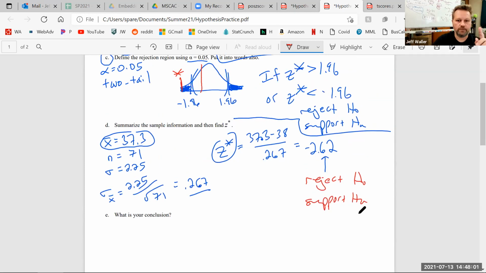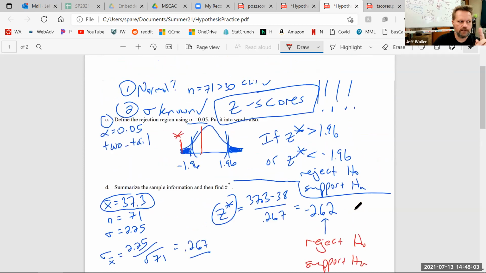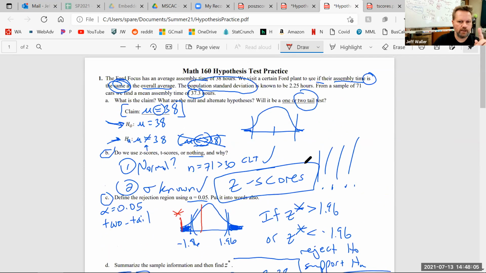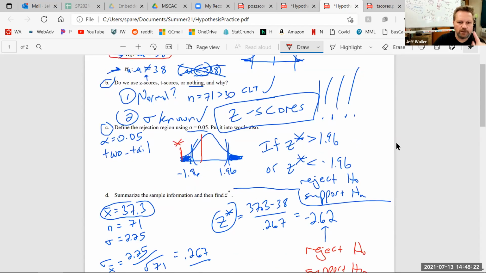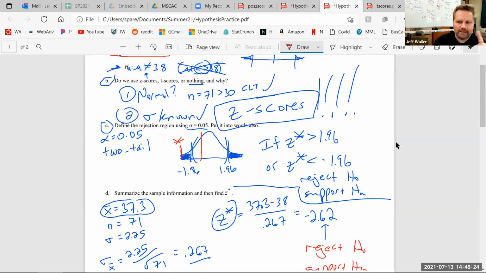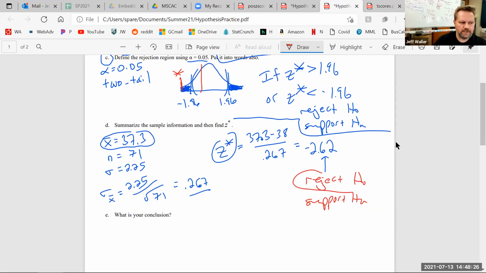So somebody remind me, was the claim the Ho or the Ha? The Ho. So that was the claim, right? Once you start feeling better about the steps, the thing that gets people at the end is how do I word my conclusion? But you always know exactly how to word it. The claim is the null, so I'm going to use that language.